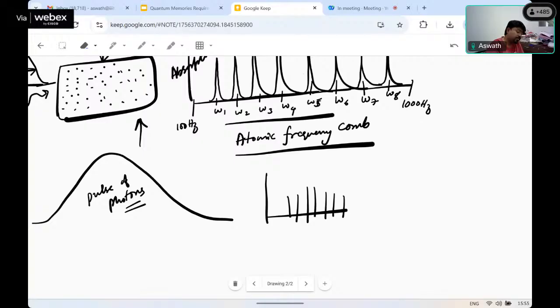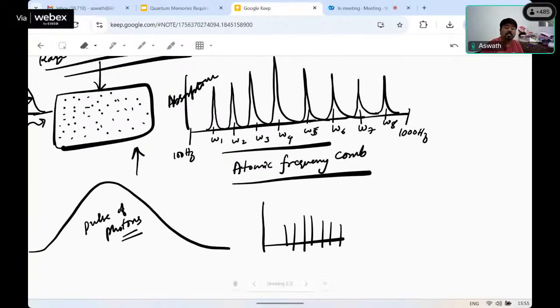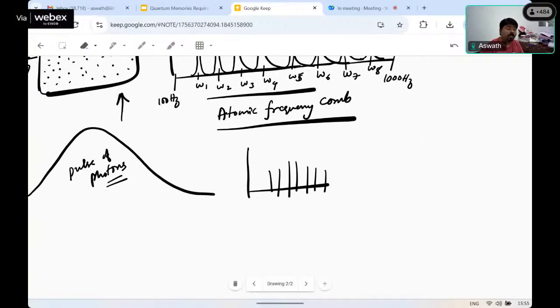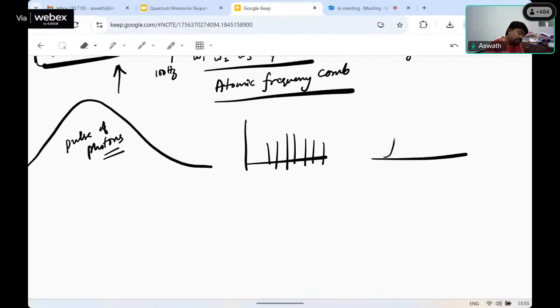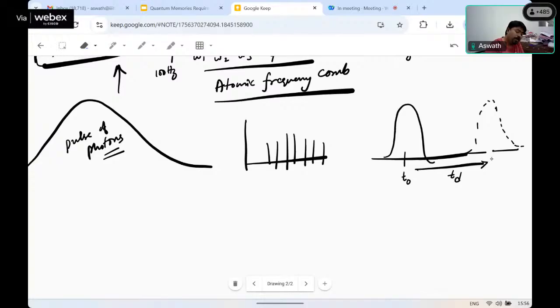Wherever there are electrons, the atoms absorb at these frequencies, and they emit after some time, because they don't have a lifetime absorption. Let's say the pulse is absorbed at time t0. After some time t, the same pulse, or something very close to the pulse, is emitted. So there is a time delay between absorption and emission.